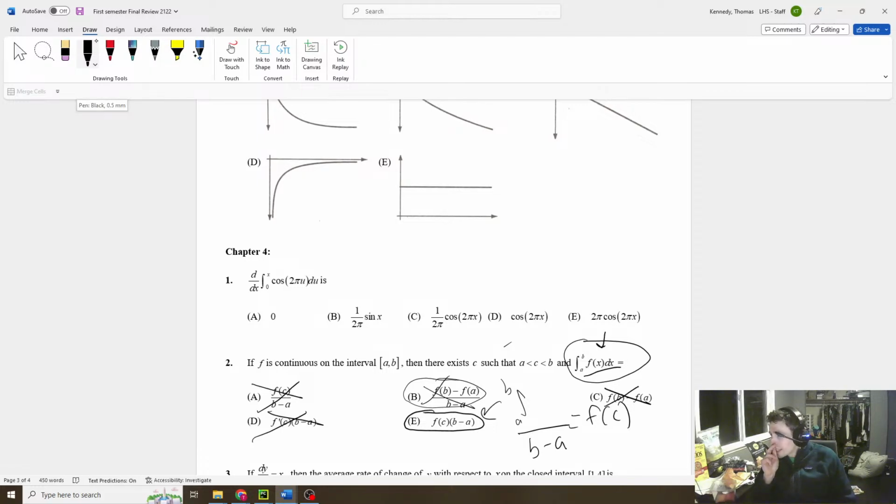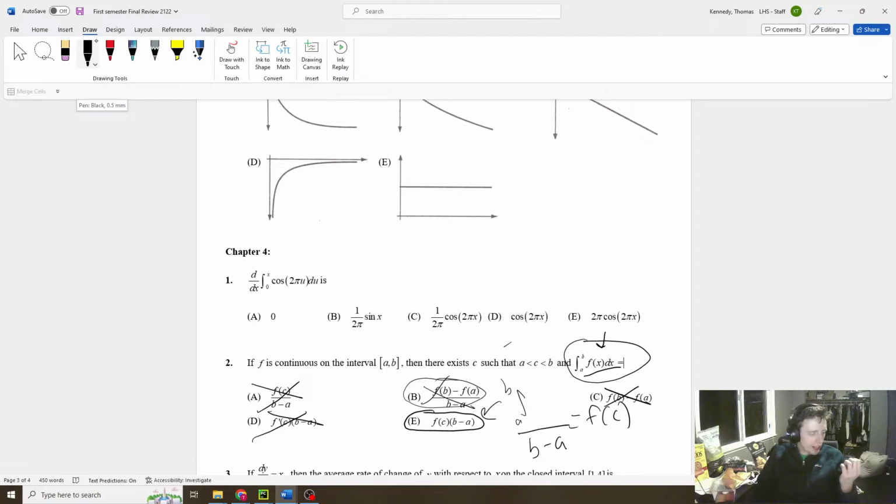On a scale of 1 to 10, how scared should I be about Riemann sums? 0? Not scared? Wait, I don't know.